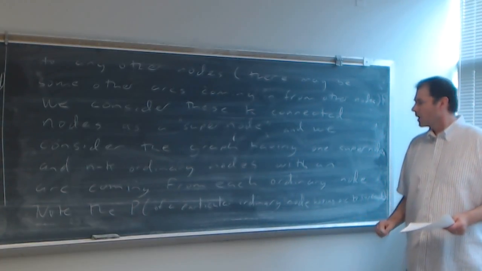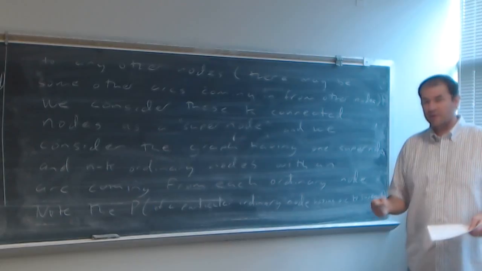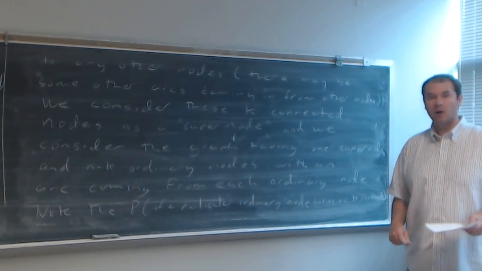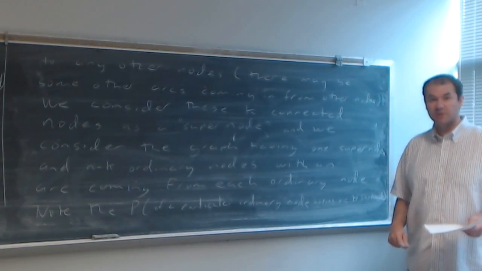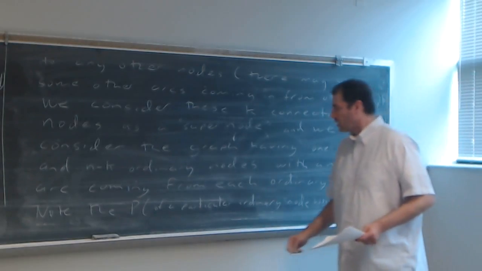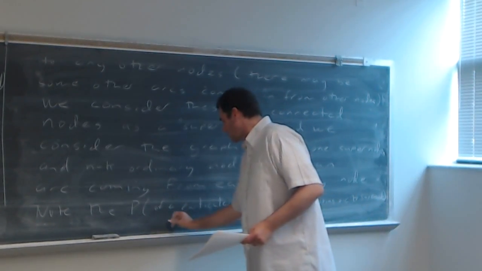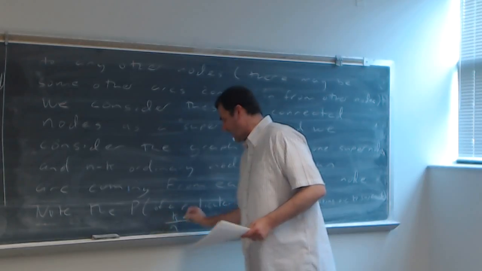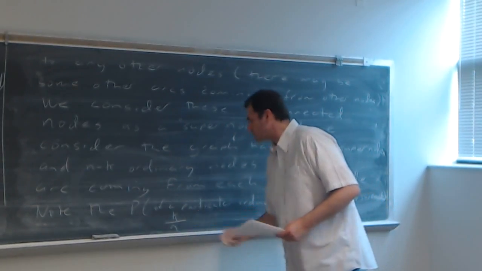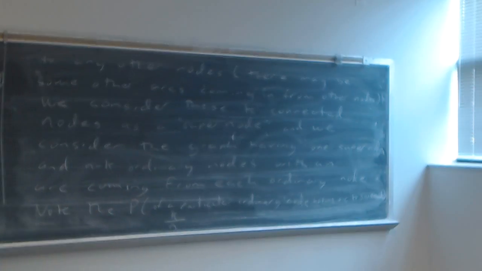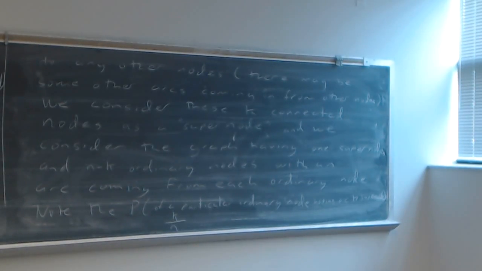Let me think about this before I write something down. Let's all think about this. There are k nodes in the supernode, so this should be k over how many ever nodes we have, which is n. That's correct. It could go to any one of those nodes that comprise the supernode. So there's k of them that it can go to out of the n possible nodes, where each one of the n possible nodes is equally likely to be where the particular ordinary node goes to.